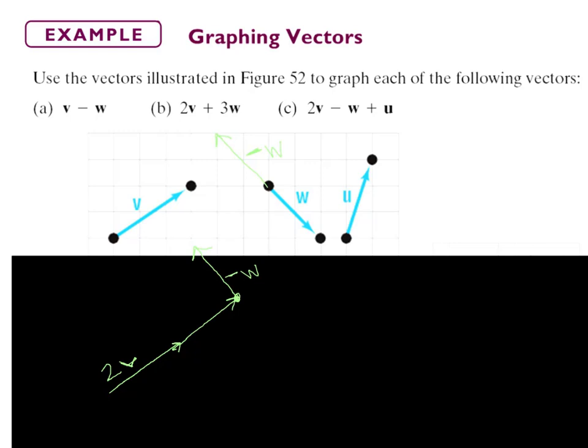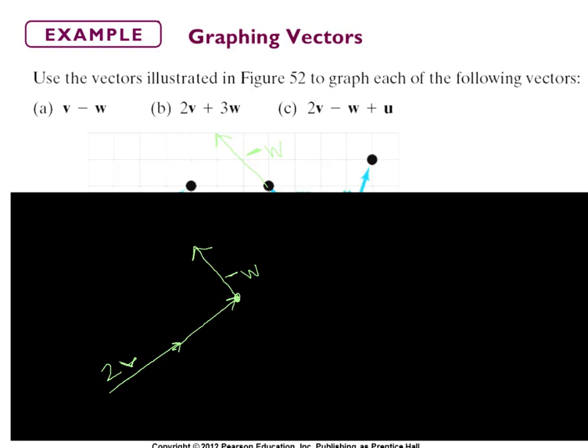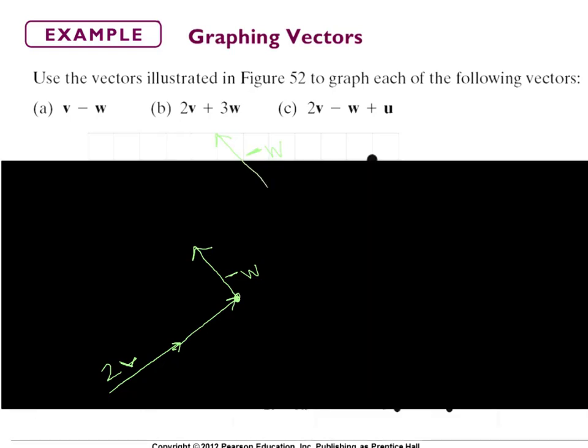All right? Let's see, make this a little longer. And then, let's move it up. And then I can say u, well, u starts here, and let's say this is u.